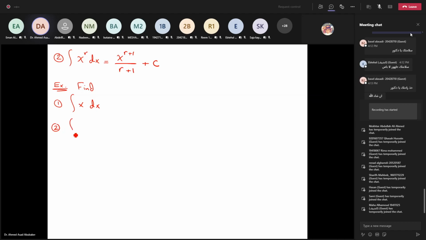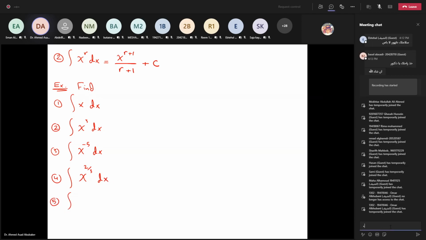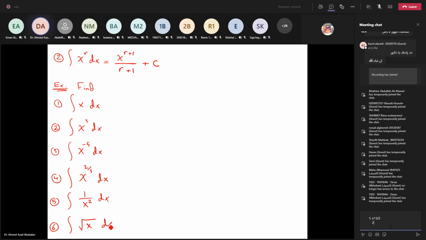Number 2 integral of x to the power 3 dx. Number 3 integral of x to the power negative 5 dx. Number 4 integral of x to the power 2 over 3 dx. Number 5 integral of 1 over x square. Number 6 integral of radical x dx.